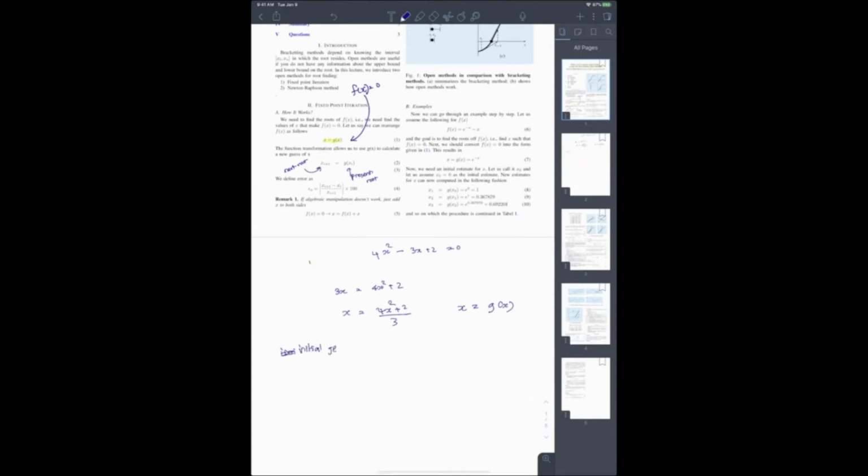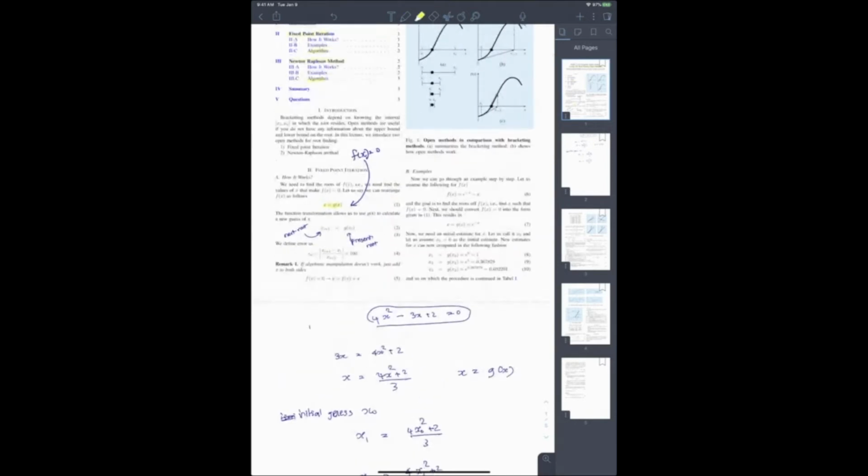Let's say the initial guess is x0, and then x1 is (4x0 squared plus 2) over 3. And then x2 is (4x1 squared plus 2) over 3, and so on. You can do this iteration and then compare it with the real root, since that's a quadratic equation. So that's a demonstration of that approach.